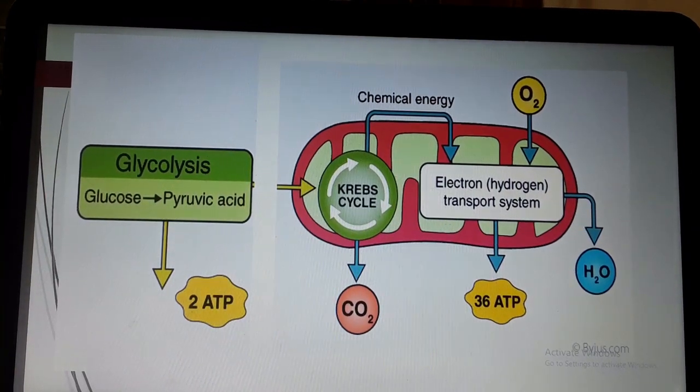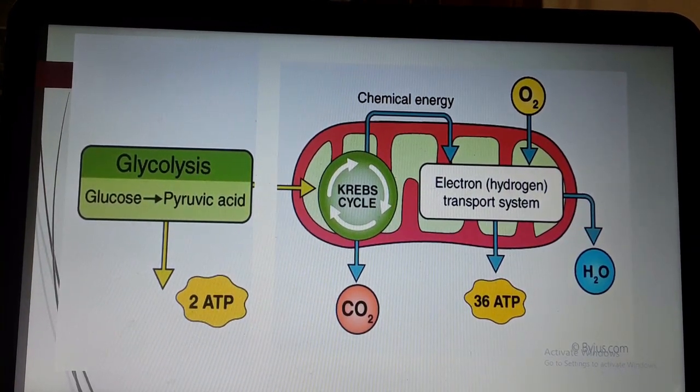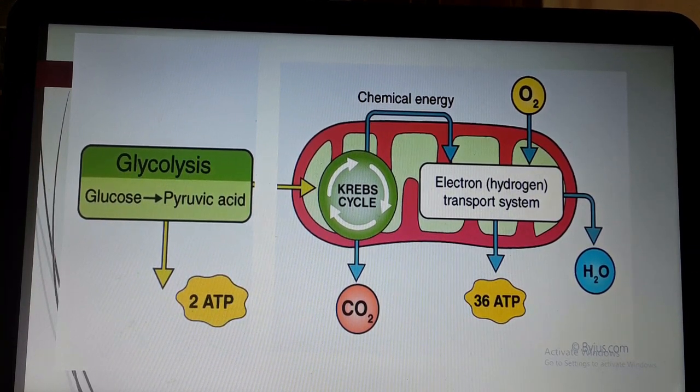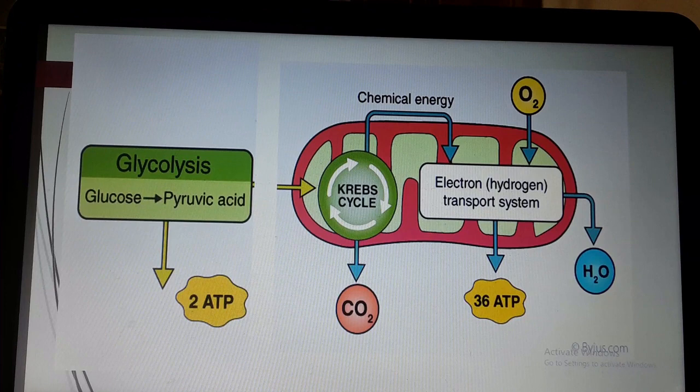Then comes the Krebs cycle and ETC within the mitochondria, where after the Krebs cycle the output is CO2. After ETC the output is ATP. So the Krebs cycle is not there to release an enormous amount of energy.